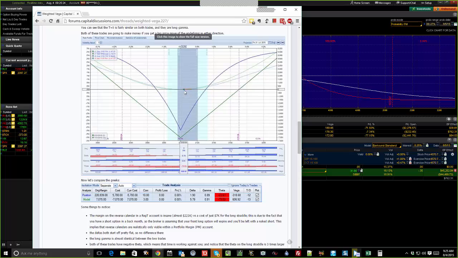Now, when it comes to looking at your gamma, which is the curvature of your T plus 0, if you think about it, you now actually want the opposite. You don't want a really flat T plus 0. You want a really, really curvy T plus 0, right? Such that a minimal move up or down is going to give you the maximum profit, right?